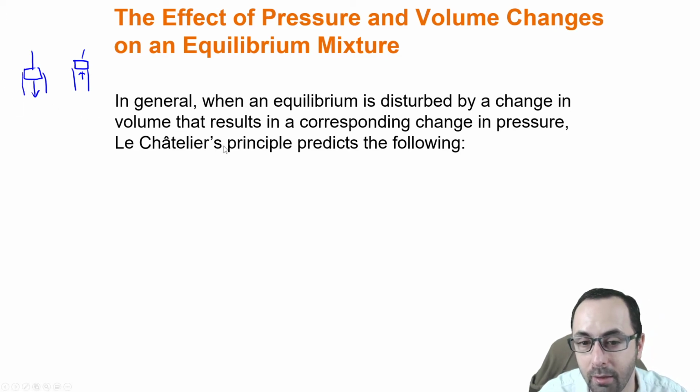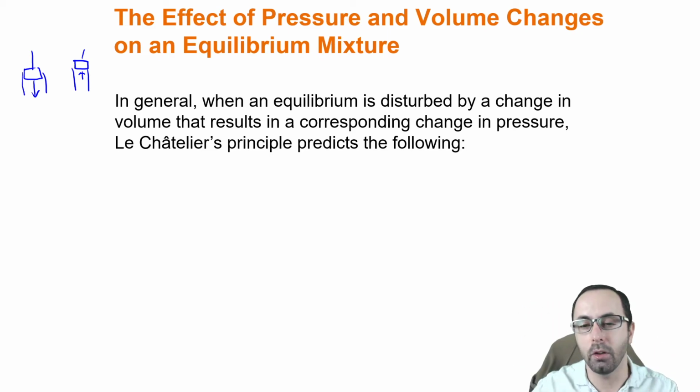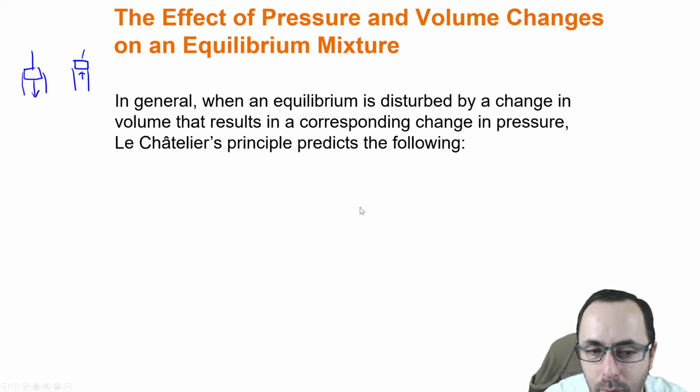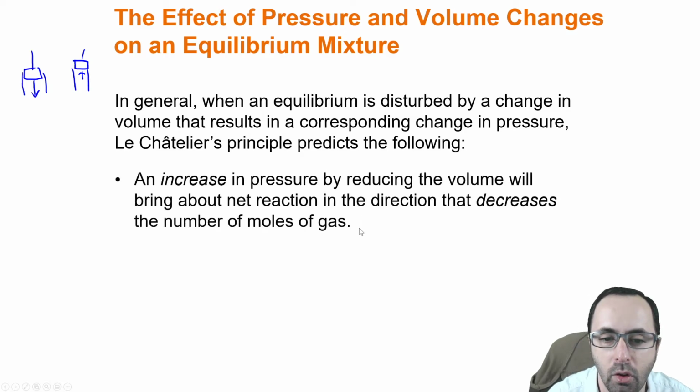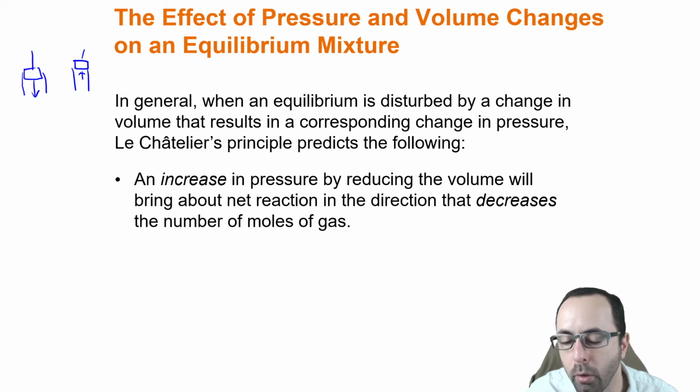We can change the size of the container, which will then change the pressure of the gases within that container. Just like if you squeeze on a balloon and decrease the volume, then the pressure of the gases inside will be increasing. So the way we determine what will happen in a reaction by changing the pressure is we have to figure out which direction the reaction will go that would correct that change in pressure.